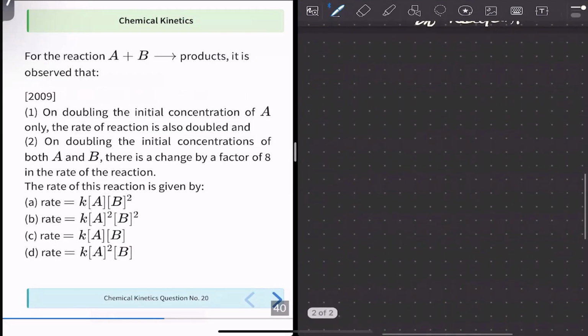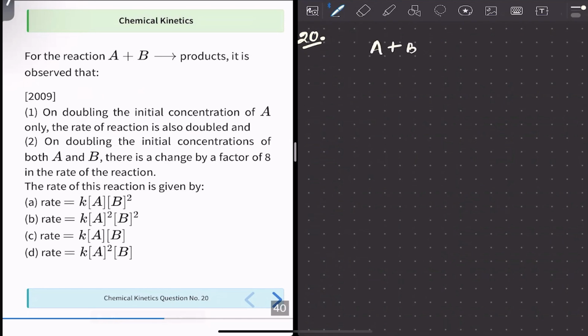Let's move on to question number 20. For the reaction A plus B gives products, it is observed that on doubling the initial concentration of A only, the rate of reaction is doubled.